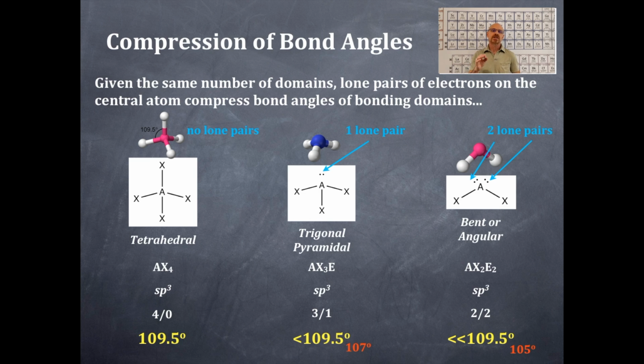Some of those structures, like a T-shaped, for example, have bond angles that have been compressed. The square pyramidal structure also has compression of bond angles. So take a look at those bond angles, and you should see that it's less than the typical.